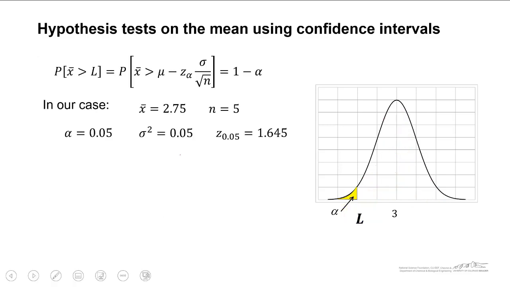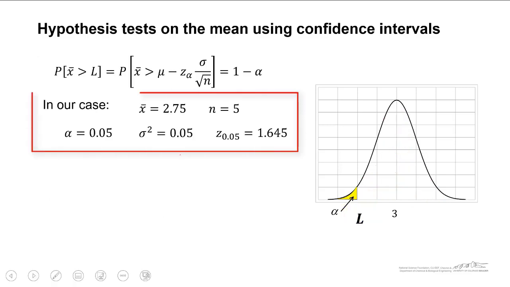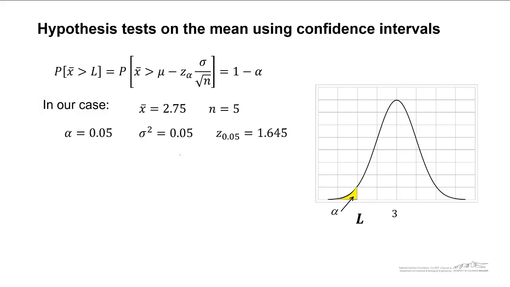In our case, we can go ahead and compute our statistics. We know that the sample average of 5 rides is 2.75. We're going to use a 95% confidence interval, alpha equals 0.05. We know that the variance is 0.05 from a long history of these rides. We can compute z alpha. Z of 0.05 is 1.645.